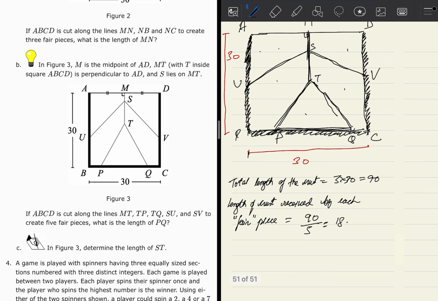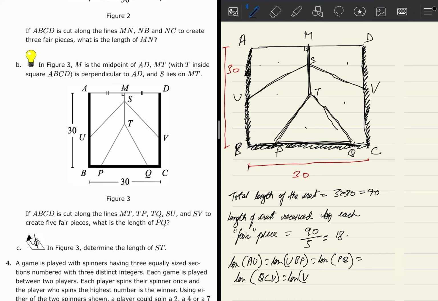Let me write it down properly. Length of AU is equal to length of UBP, which is equal to length of PQ, which is equal to length of QCV, which is equal to length of VD, which is equal to 18.